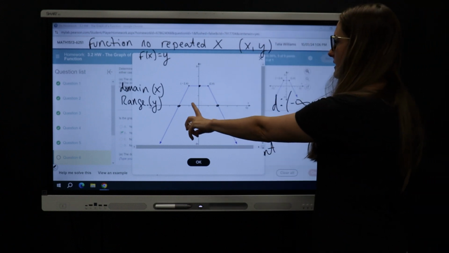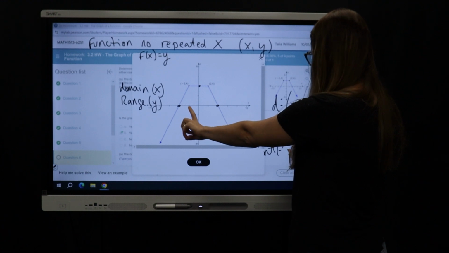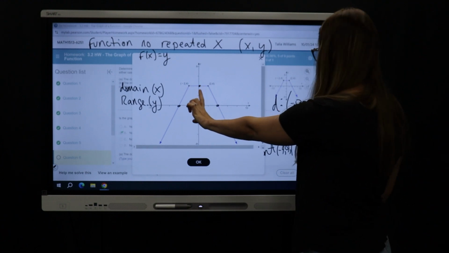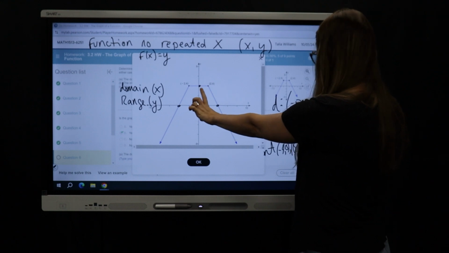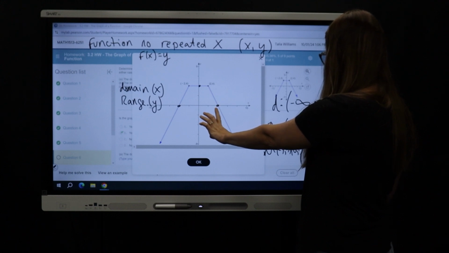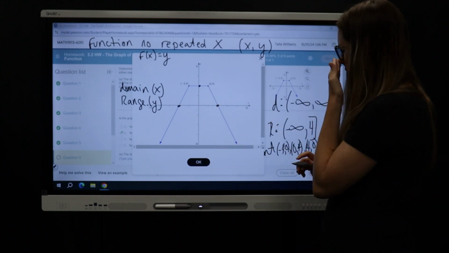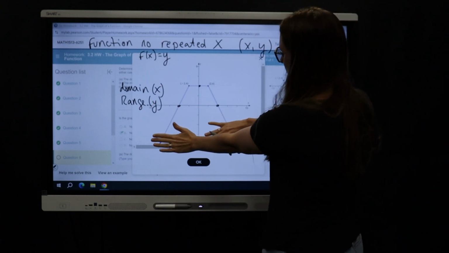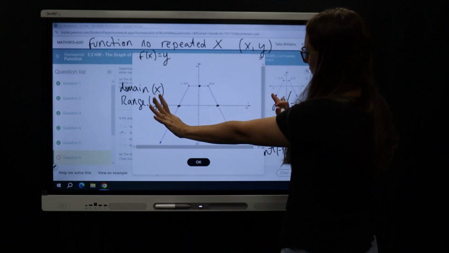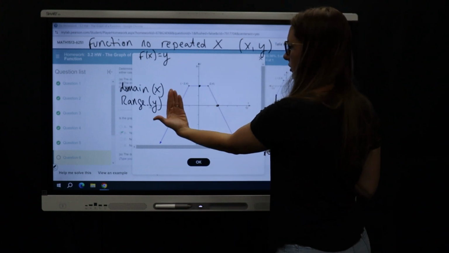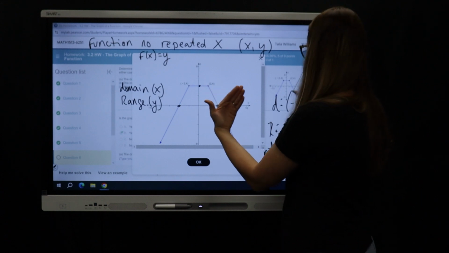Okay. This one's going to be at negative 4, 0. All the commas, all the parentheses. This one's going to be at x is 0, y is 4. This one is x is 4, y is 0. Looking at symmetry on this one, if I took this bottom half and flipped it up, it's not going to line up, so no x. If I took this half and folded it across, we would have y.